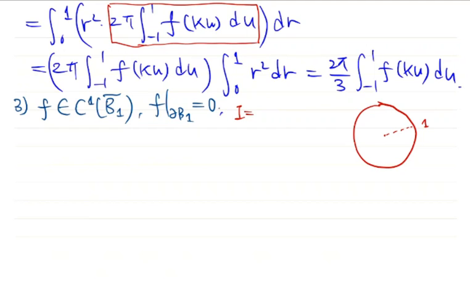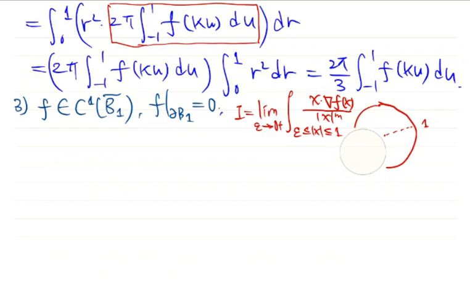I is the limit as epsilon goes to zero, epsilon positive, over the region epsilon less than the norm of x less than 1, of x dot gradient of f(x) over the norm of x to the power m, where m is the dimension of the space.